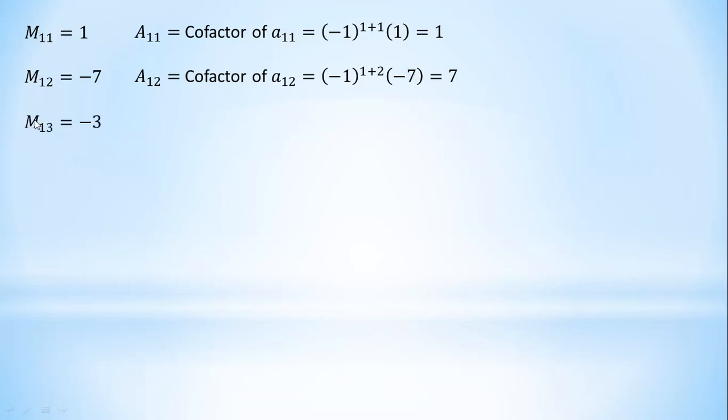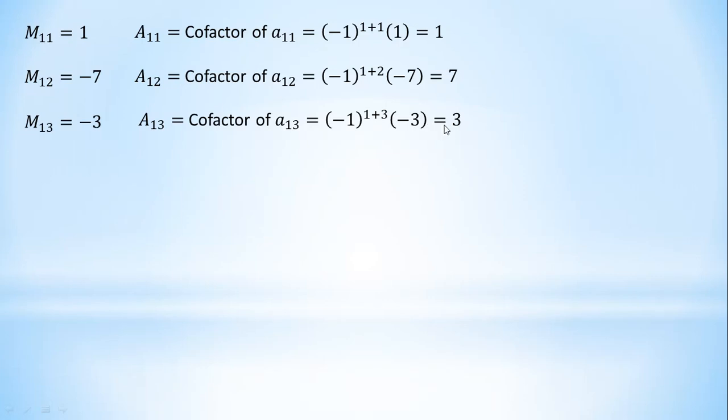Similarly, for the third one, the minor M13 is equal to minus 3. Then the cofactor will be minus 1 raised to 1 plus 3, into minus 3. Now check here: minus 1 raised to 1 plus 3 means minus 1 raised to 4, so that is plus 1. So plus 1 into minus 3 is minus 3.